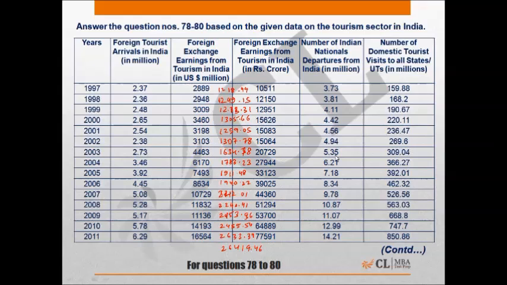And the last column gives information about the number of domestic tourist visits to all states or UTs in millions. The figure for 2001 is 236.47 millions.